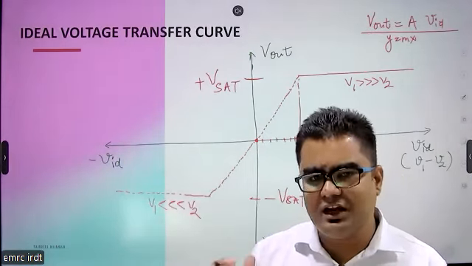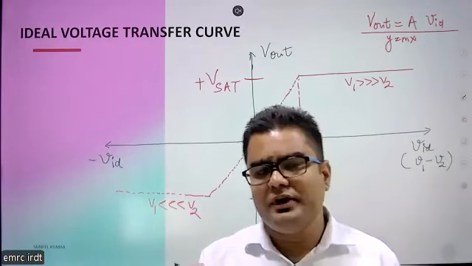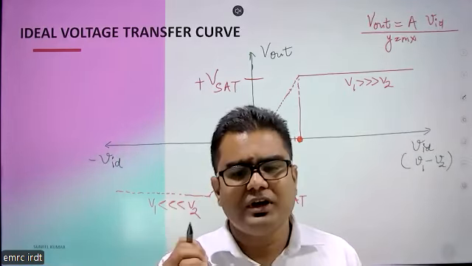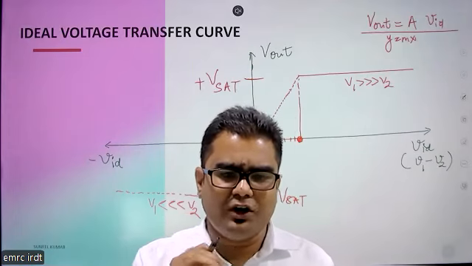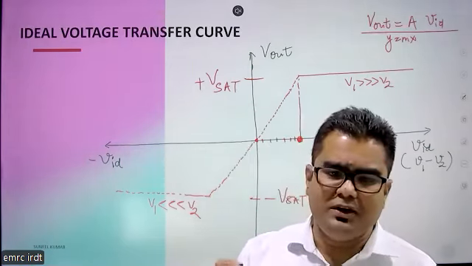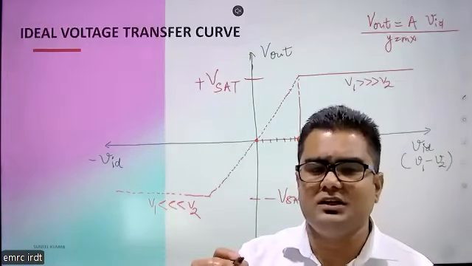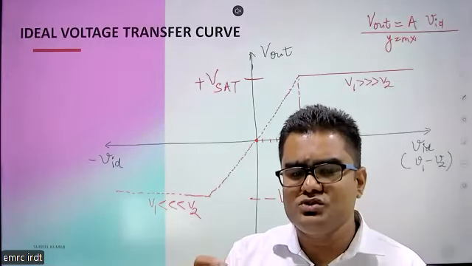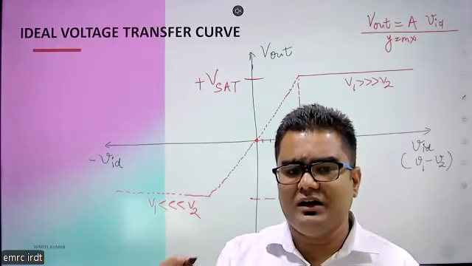As we increase the input voltage, the output will become saturated, a fixed value. That's why an operational amplifier in open loop configuration can never be used for linear applications.